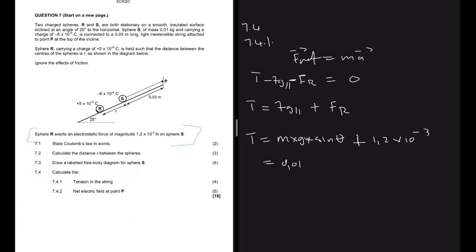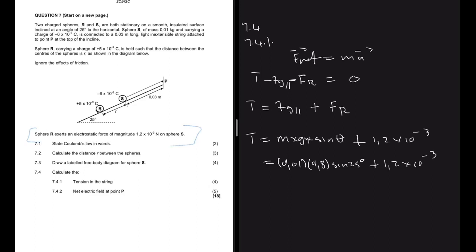So we have 0.01 kg multiplied by the acceleration due to gravity 9.8, sine of the angle 25 degrees, plus 1.2 times 10 to the minus 3.